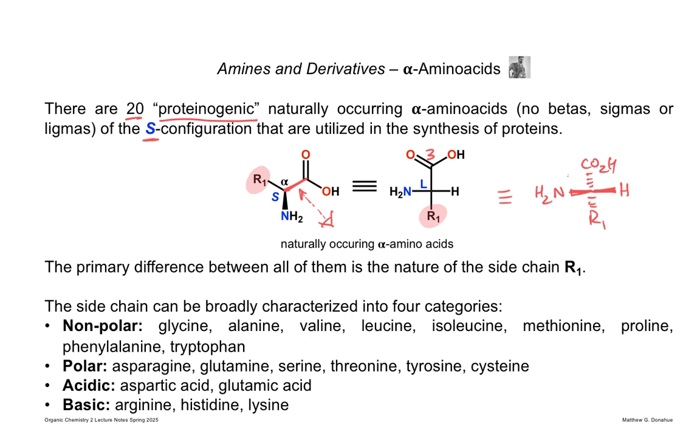So within the 20 amino acids, they're classified 4 different ways: nonpolar, polar, acidic, and basic. So these are the names. And if you go on to any other classes, biochemistry, cellular and molecular biology, any of those, glycine, alanine, valine, leucine, isoleucine, methionine, proline, phenylalanine, tryptophan.